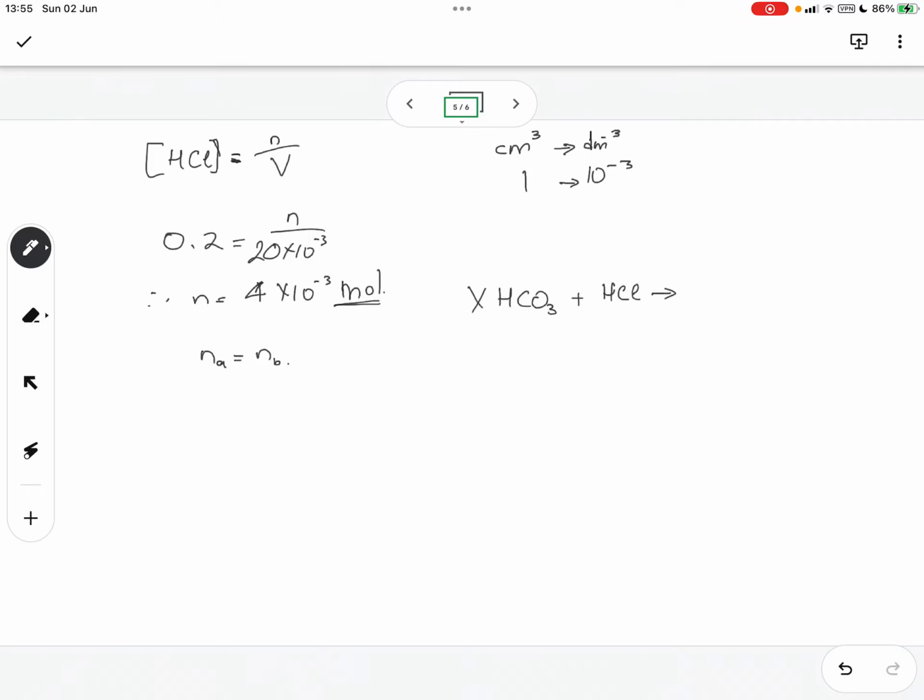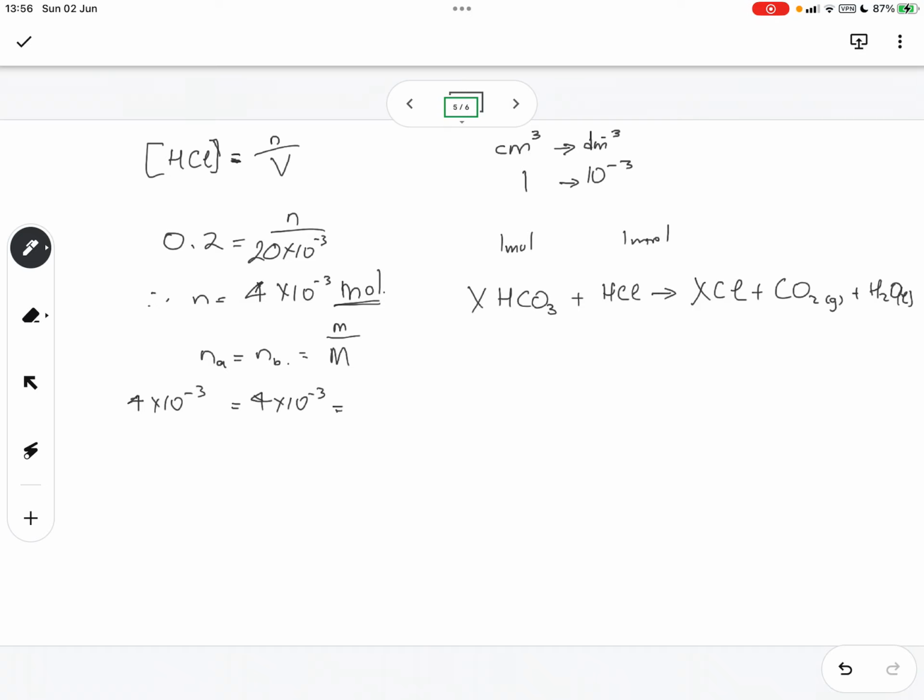Because from our reaction, XHCO3 plus HCl gives us XCl plus carbon dioxide gas plus water, which is liquid. So we've got 1 mole to 1 mole of acid, which means 4 times 10 to the negative 3 for the acid will equal 4 times 10 to the negative 3 for the base.